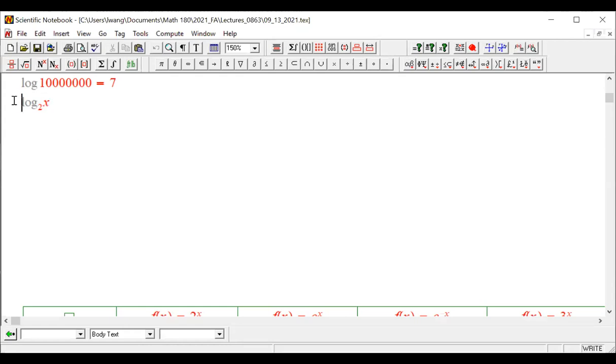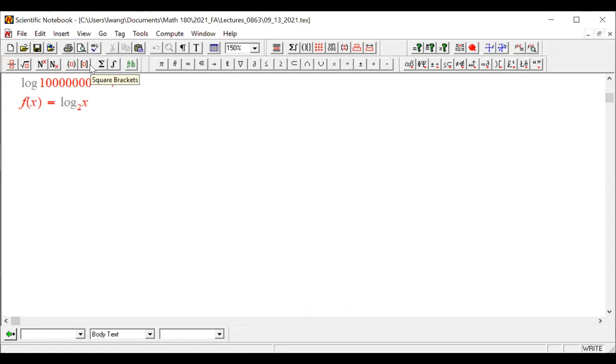If this is the rule of a function, what's the domain, range, x-intercept, y-intercept, and so on? Do you follow me? Yes? So you're going to work with me.